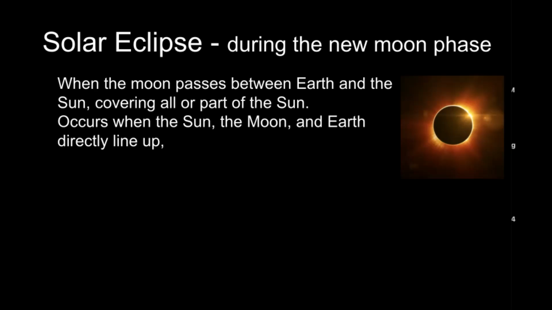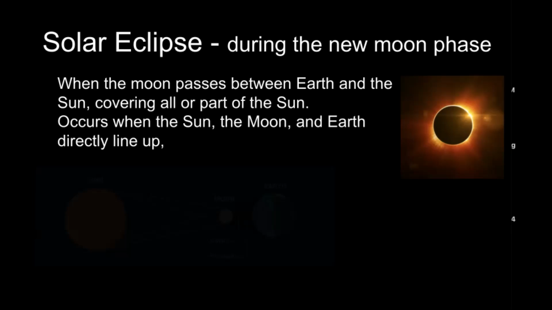So you do want to use specialized filtered glasses, or you can use an indirect way. People poke a hole in a piece of paper and you can see the moon in the shadow move around. Definitely you should never look directly into the sun. The radiation from the sun is so intense that it can permanently damage your eyes. So we don't want to do that.